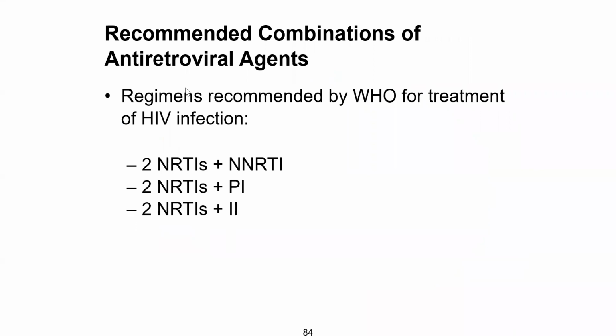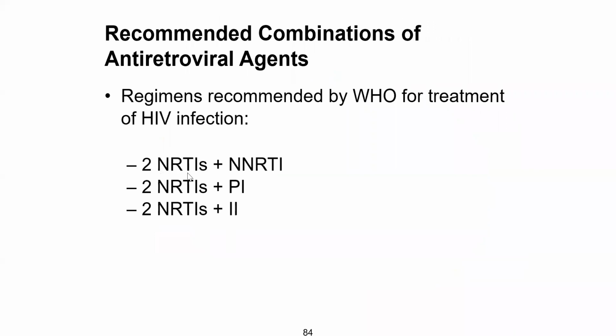But in terms of the recommended treatment regimens when you are treating people with HIV, these are the possible combinations, and there are several of them. But in our setting, we can have 2 NRTIs. When we are treating HIV, we use triple therapy.